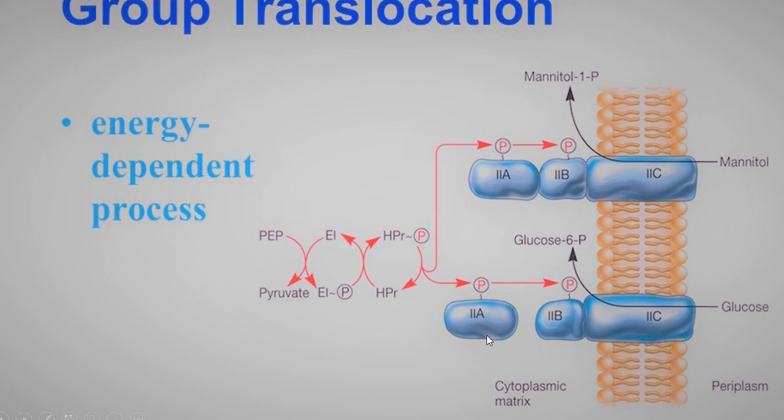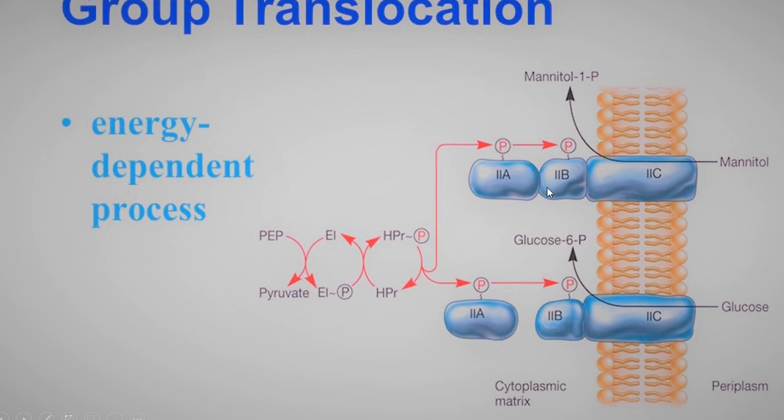Once it has taken it, it will move near to the E2B. It attaches to the E2B and transfers this phosphate group to E2B, and once E2B gets excited, that energy makes this mannitol be dragged or pulled inside and converted into the form of mannitol 1-phosphate.